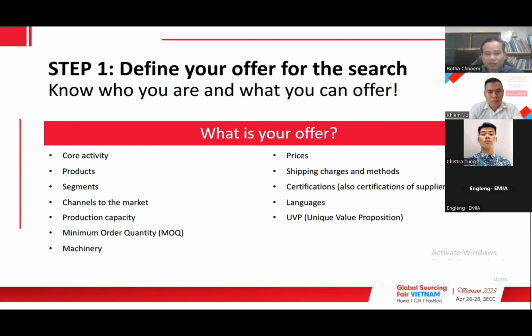And machines, what you can produce, how many machines and so on. What price range can be the minimum, the average, and the highest option for them. And the shipping, the certification and the language, especially the unique value proposition. They look for the unique value proposition because they also cater to the buyers, the end users.